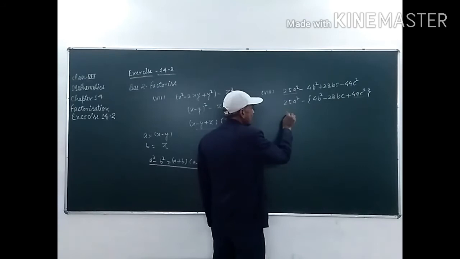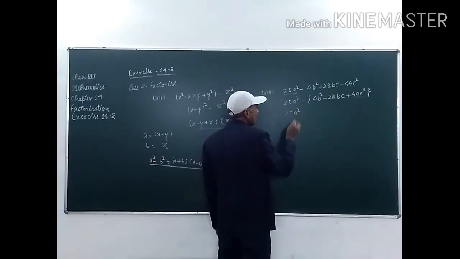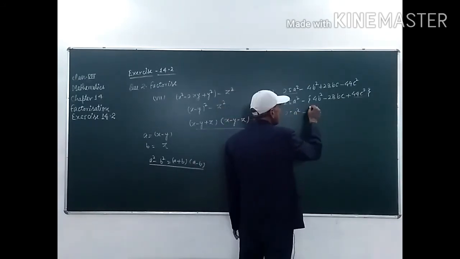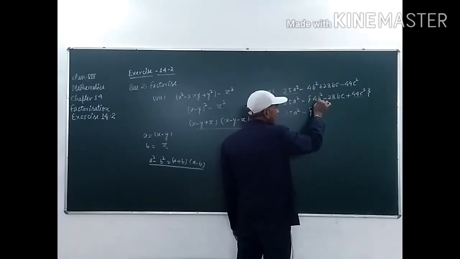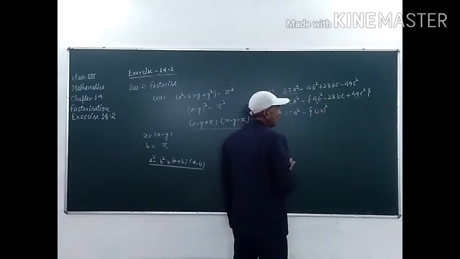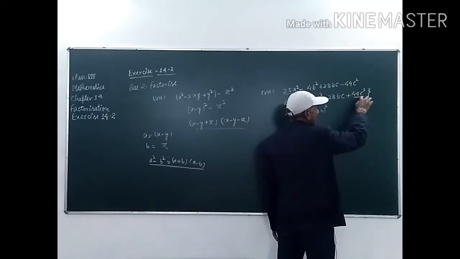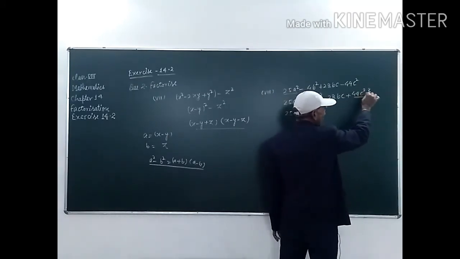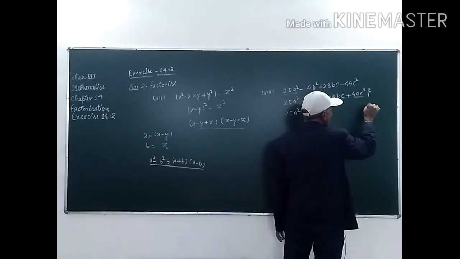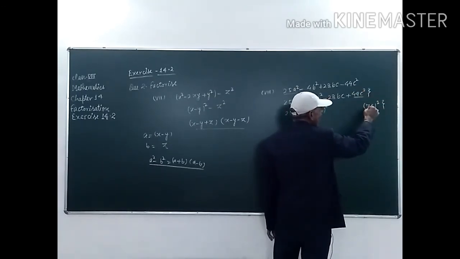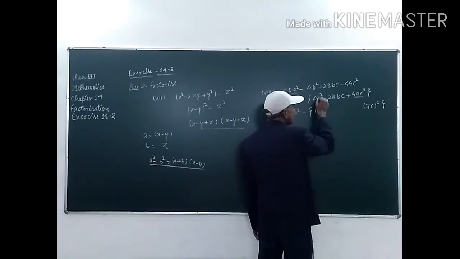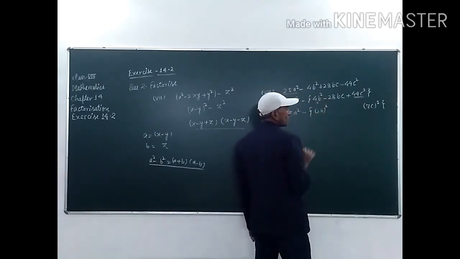So, write this 25a square minus, and students, this part 4b square is the expansion of 2b whole square, and this last part of this expression, that is 49c square, is the expansion of 7c whole square. Clear, friend? This 49c square is 7c whole square and this 4b square is equal to 2b whole square.